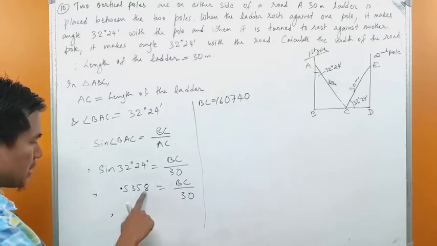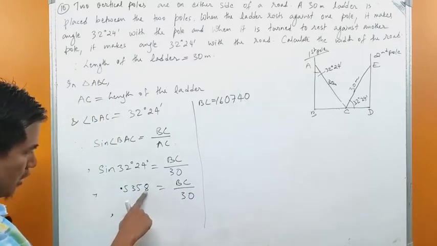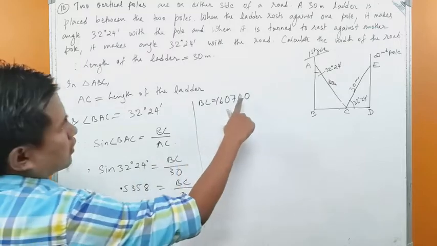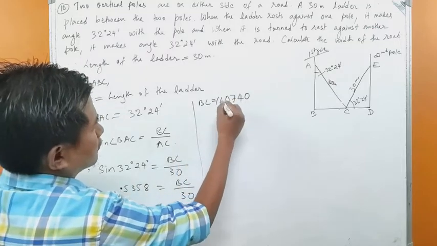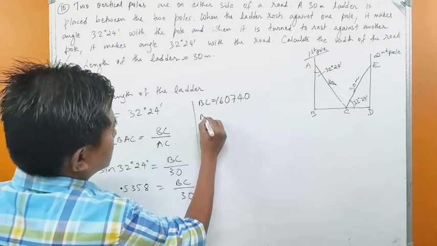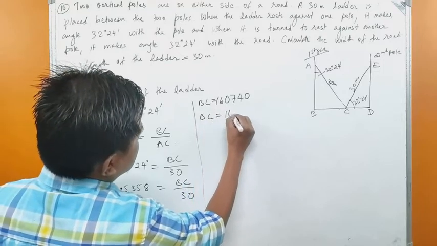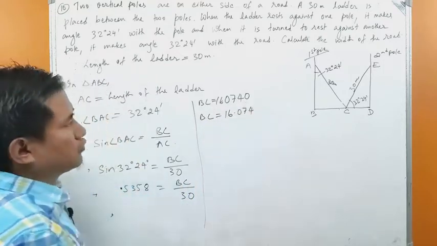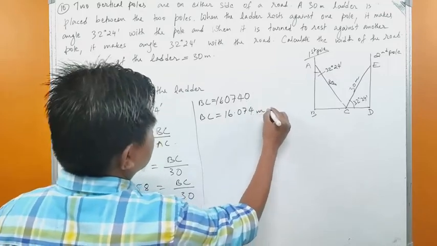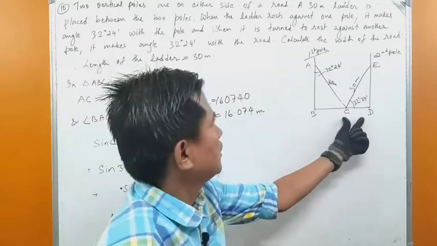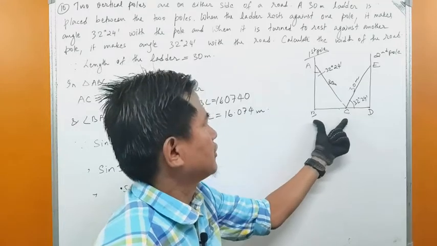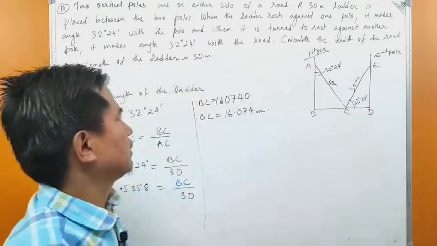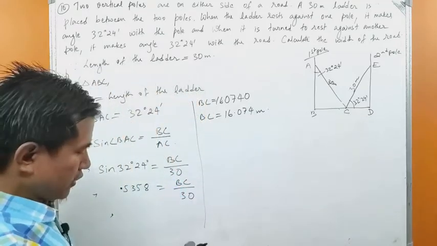So now we put decimal point before 4 digits, 1 2 3 4. This means BC equals 16.074. This 0 has no value, so we don't write that. We found BC. Now we will find CD, and after that we will add up BC plus CD to get BD, width of the road.